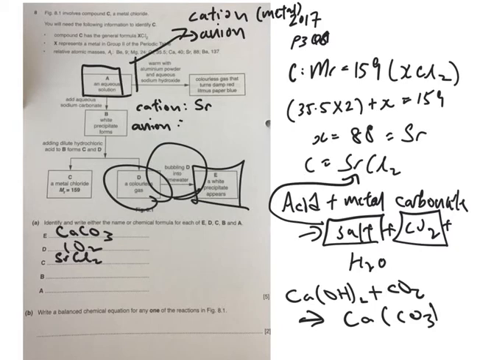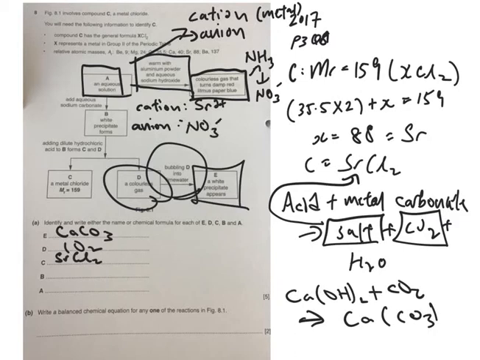When you are testing with aluminum powder together with aqueous sodium hydroxide, that makes it a test for your nitrate anion. And what is the evidence to show the presence of your anion? It is the colorless gas that turns red litmus paper blue, and this gas is actually ammonia gas, and this ammonia gas of course comes from your nitrate anion. So in this case, your anion will be your nitrate.